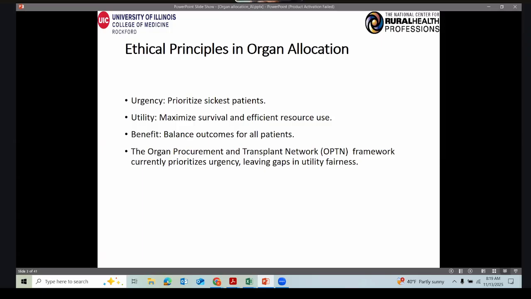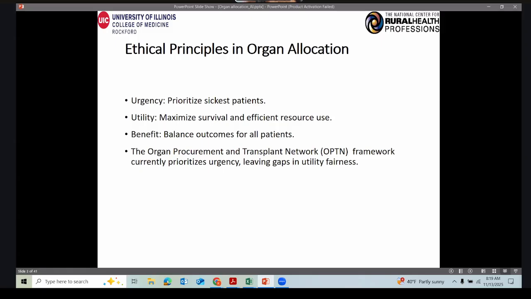It is the idea of achieving the best possible outcome across all the patients, not just for one group. We have to think about fairness, quality of life, and long-term results for the entire population of people waiting for a transplant.